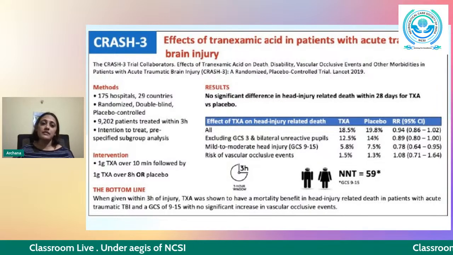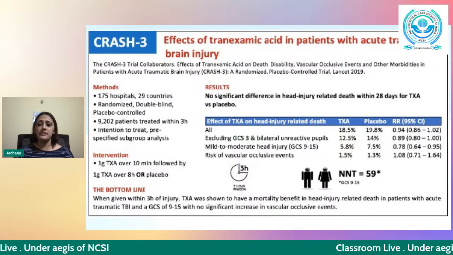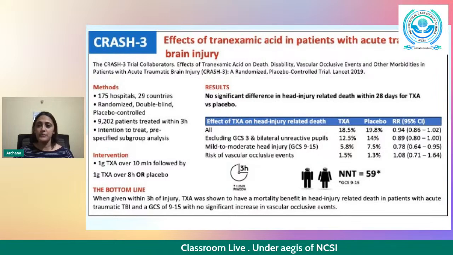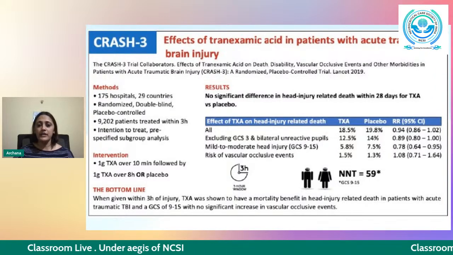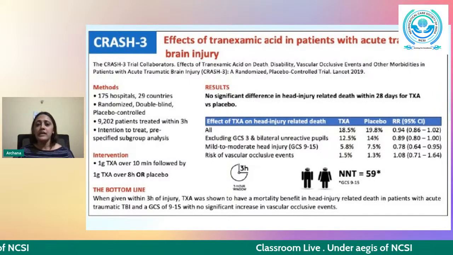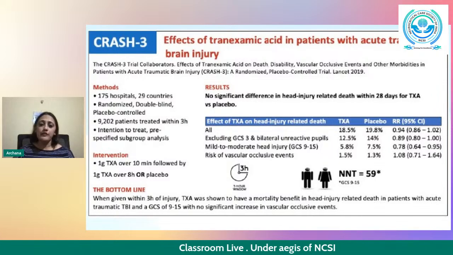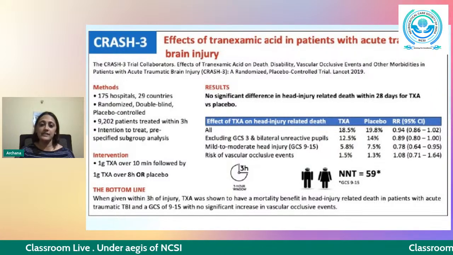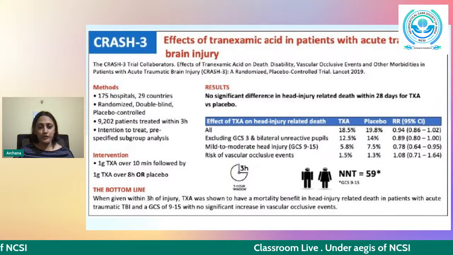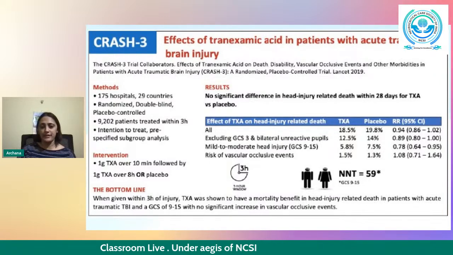Though the result showed no significant difference in the head injury related death within 28 days after tranexamic acid compared to placebo, it was seen in mild to moderate head injury, that is GCS of 9 to 15, that there was a mortality benefit in this subgroup of patients, and there was no increase in the vascular occlusive events.